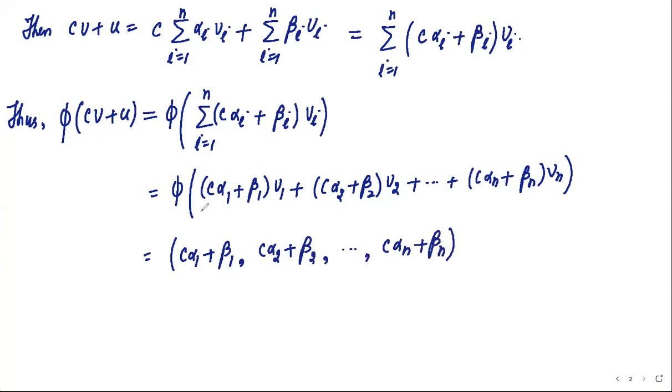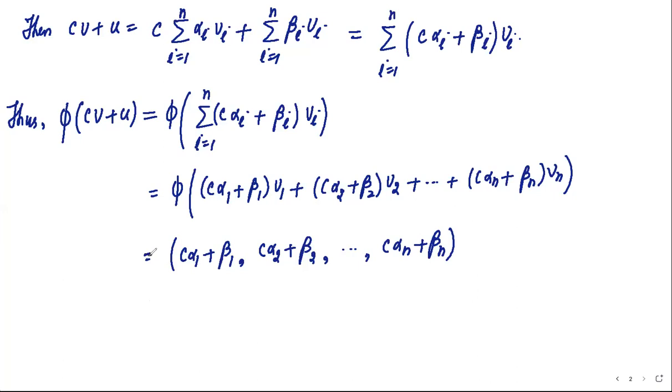तो इस तरह से अब हमने मैपिंग को डिफाइन किया है. It is an n tuple, the image of any vector is an n tuple whose ith coordinate is the coefficient of Vi in this representation of CV plus U as a linear combination of the basis vectors with some scalars.